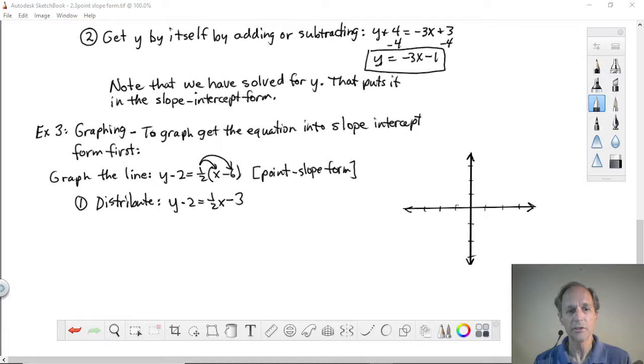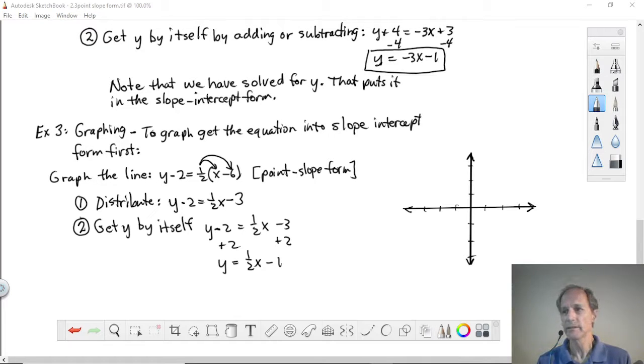Okay, so let's look at the next thing. First step is to distribute. This is the same process we just did on the one before. So we take the half times the x, the half times the -6, and we get a half x minus 3. And do you remember the next step? That's to get y by itself, right?